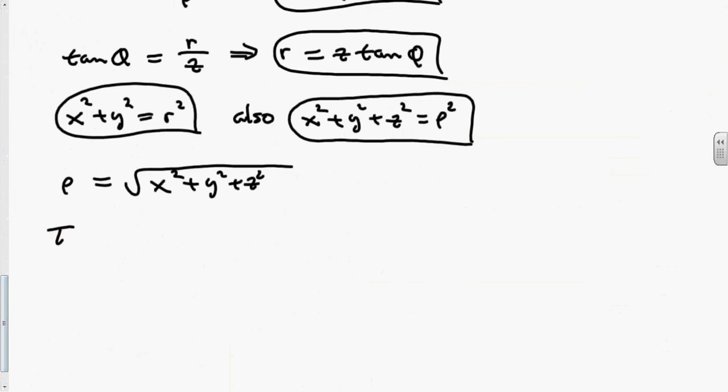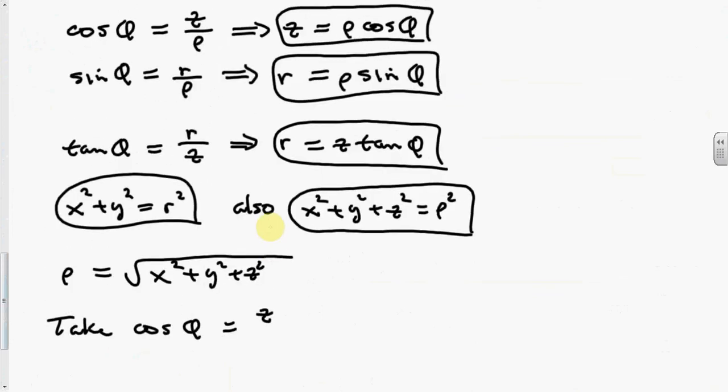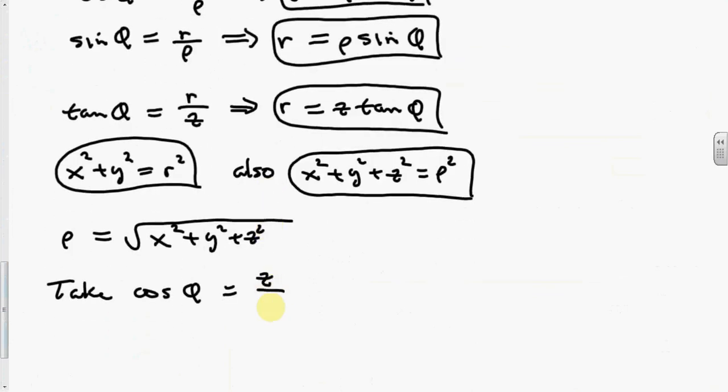So here we take cosine phi, which is equal to z over rho. And this implies that cosine phi is equal to z over the square root of x squared plus y squared plus z squared.